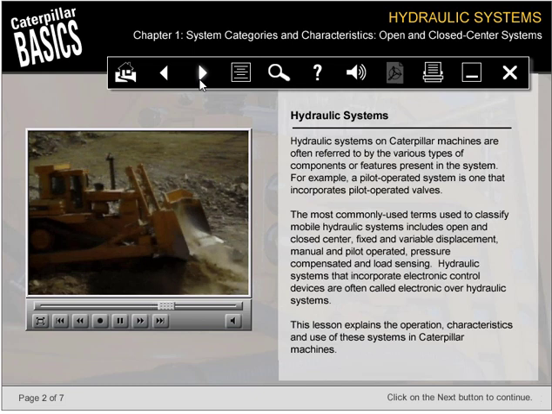Hydraulic systems that incorporate electronic control devices are often called electronic over-hydraulic systems. This lesson explains the operation, characteristics, and use of these systems in Caterpillar machines.